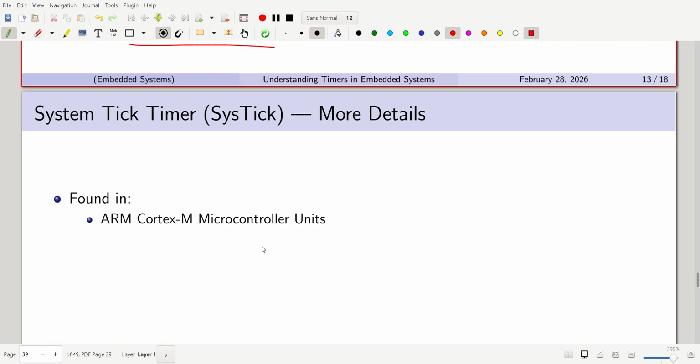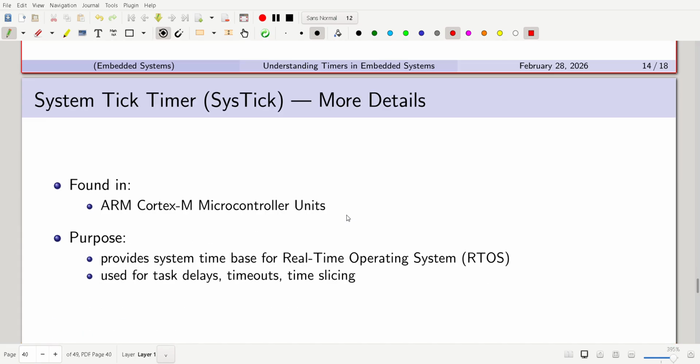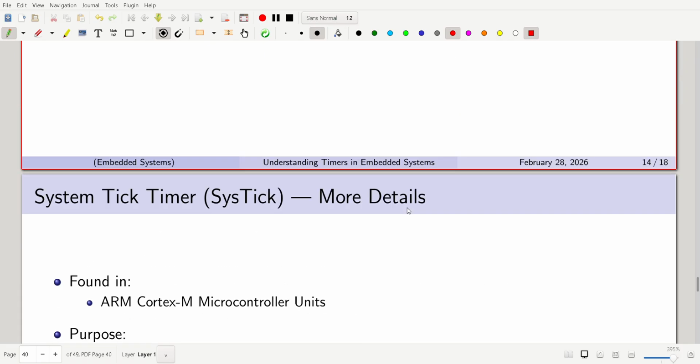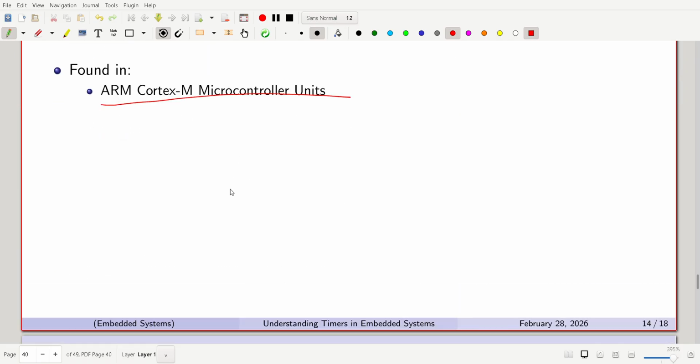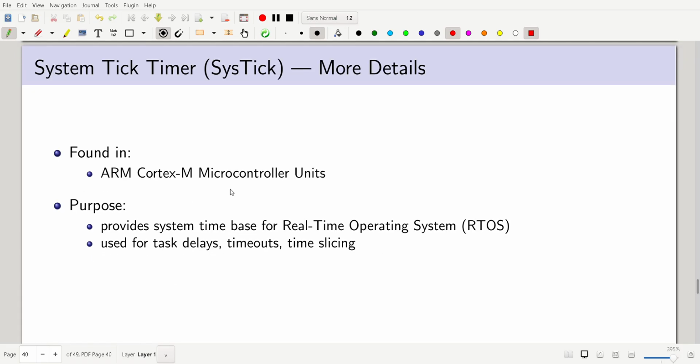Now we move on to the system tick timer, more details. It is found in ARM Cortex-M microcontroller units, an embedded type of microcontroller. Purpose: provides system time base for a real time operating system, RTOS, used for task delays, timeouts, and time slicing.